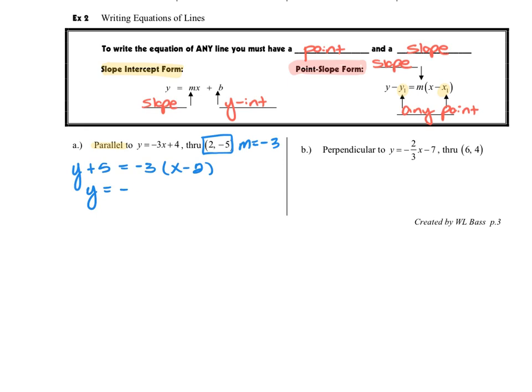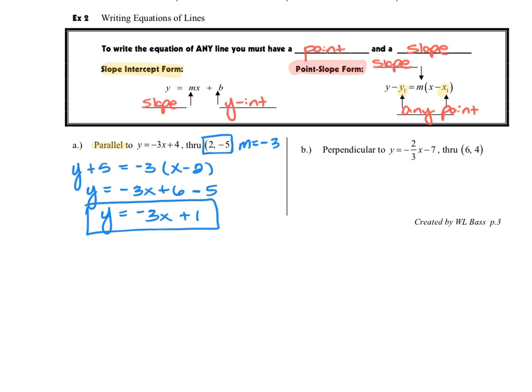Cleaning this up, I'm going to do a -3x plus a 6, and now I'm going to move this 5 to the other side, and I'm going to write a -5. So my final answer is -3x plus 1. Now, I know a lot of you, what you learned to do was work with this one and find the b value.